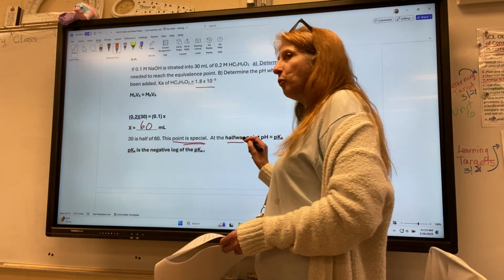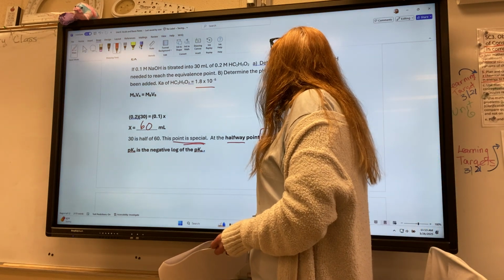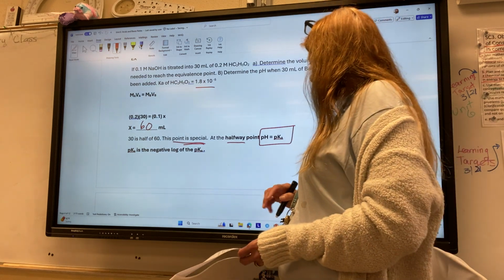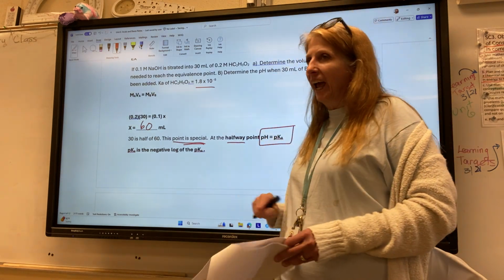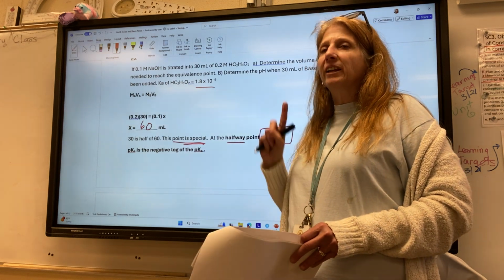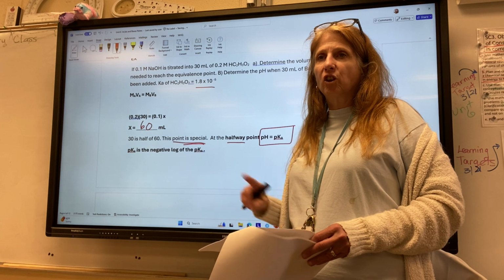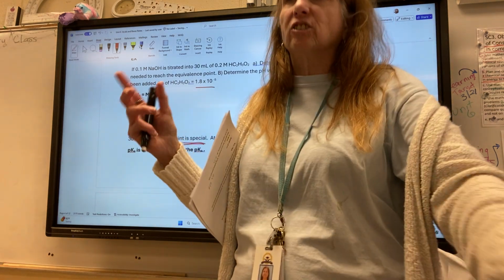It's the halfway point. It is so special. At this point, pH equals pKa. Now, what does that mean? Okay, what it means is, if you have pH, you take the negative log of H. So pH means you take the negative log of H to get that answer.